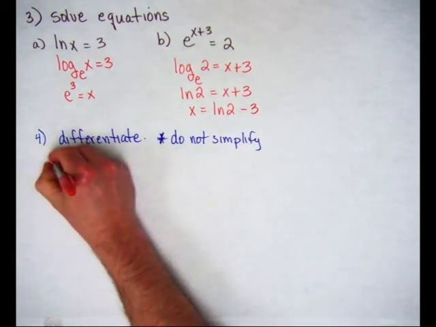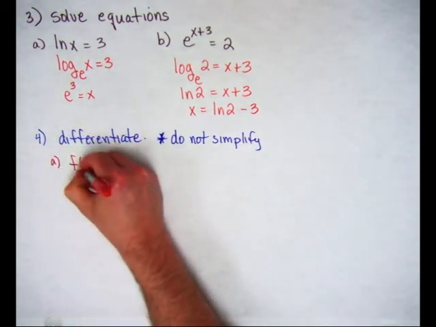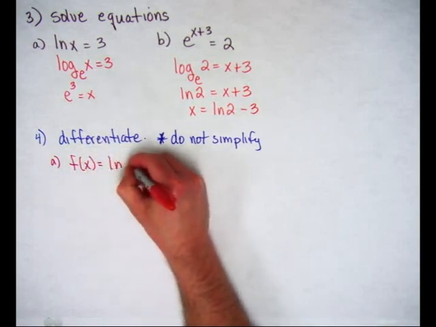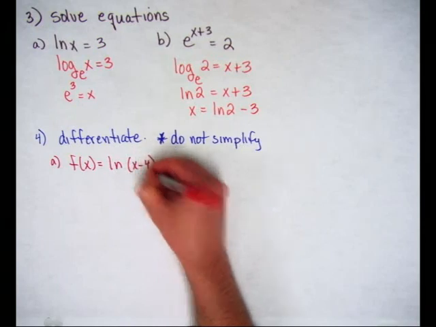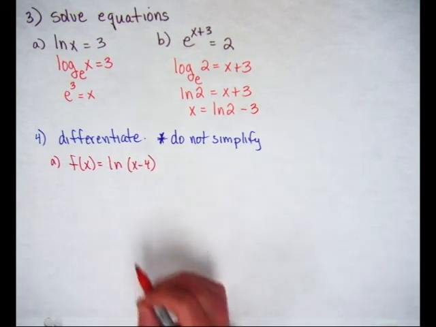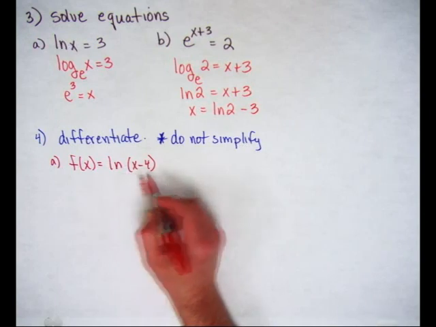So we'll do a few examples. For example, if I had a function f of x equals the natural log of x minus 4. Really what this is getting at is, do you know the basic rule? There's a rule for taking the derivatives of the natural log. The rule is that the derivative is 1 over the argument.